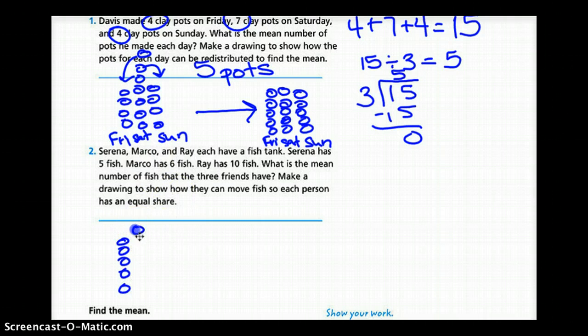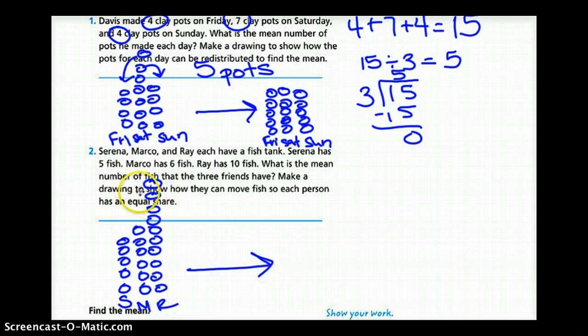Marco has 6. And Ray has 10. Serena, Marco, Ray. I need to evenly distribute that.